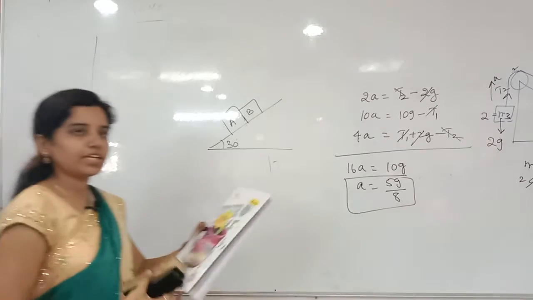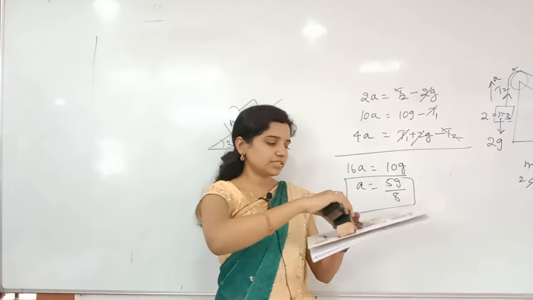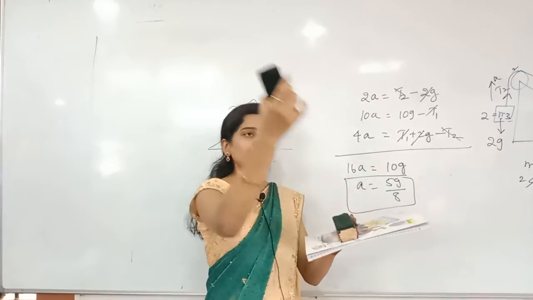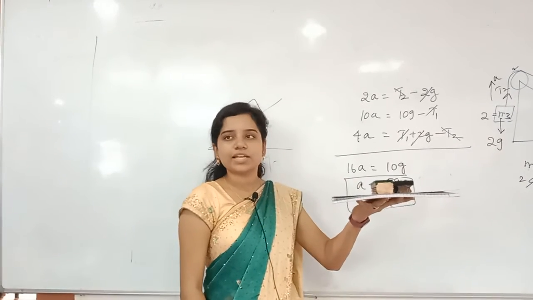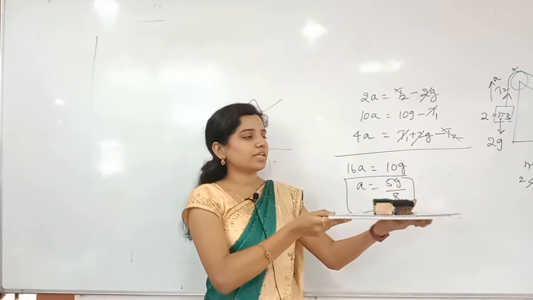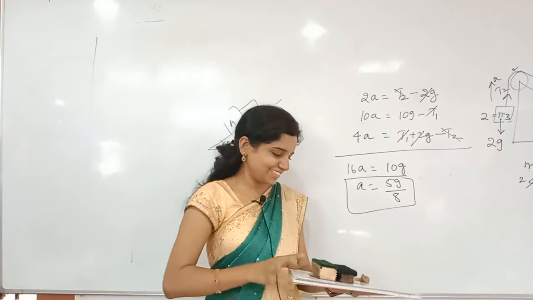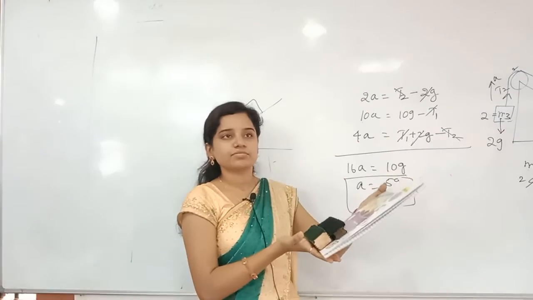So here I have taken the inclined plane like this. What is the angle they said? 30 degrees. First one is obviously the heavier one, and after that the lighter one I have taken. Whenever I have taken it horizontally like this, they will be at rest. Now whenever I am increasing the inclination, what happens? Both will move together.